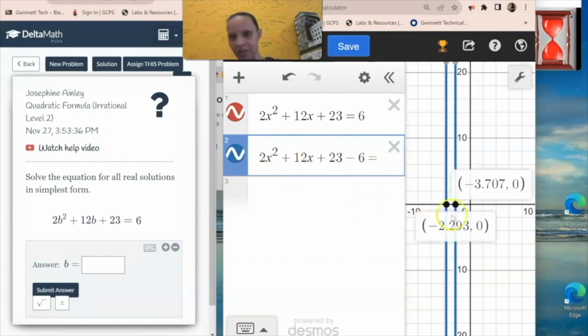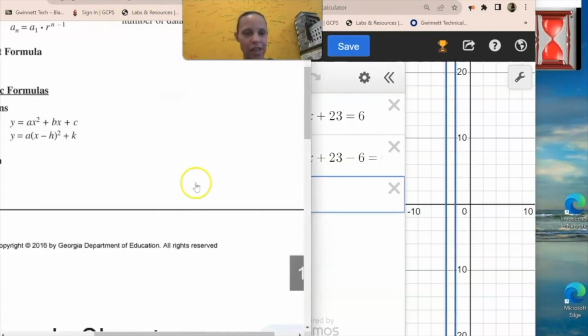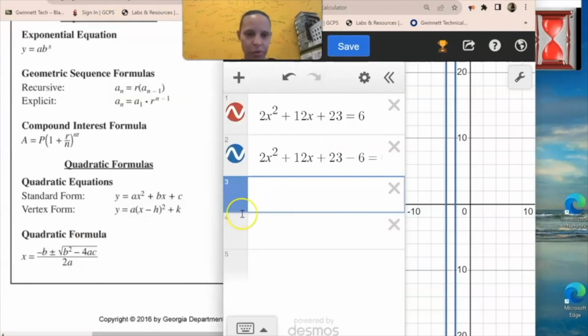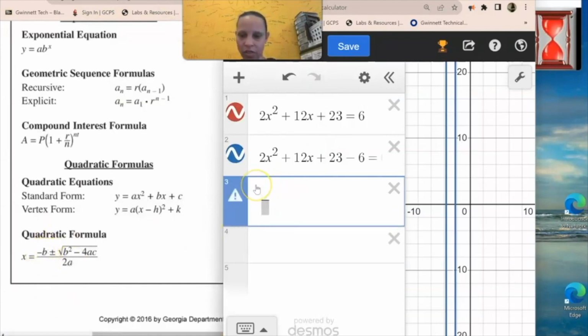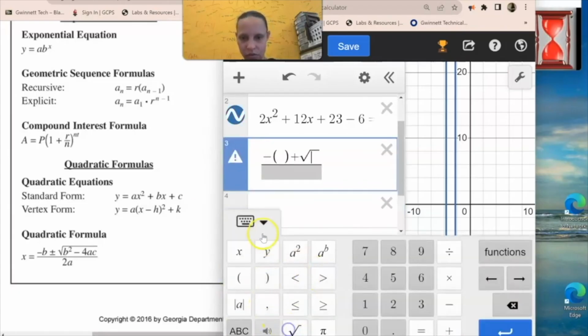It's not a repeating decimal. So, oh my gosh, I actually have to put it into the quadratic equation. So put it into the quadratic equation just by copying the quadratic equation exactly how it looks, but in place of the letters, you're going to put parentheses. So there's a fraction, so start off with division. Then on the top, negative, parentheses, because that's a letter, plus square root, so radical.